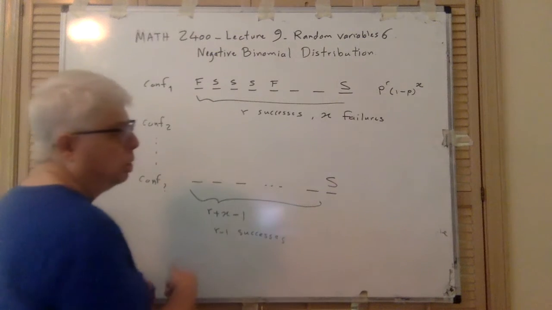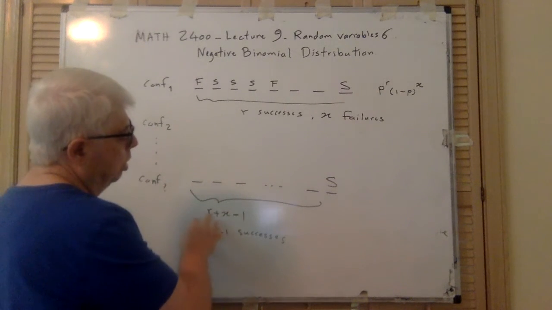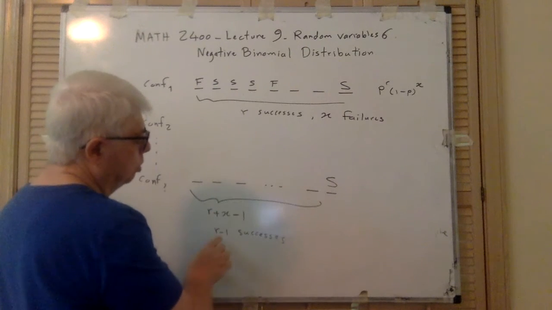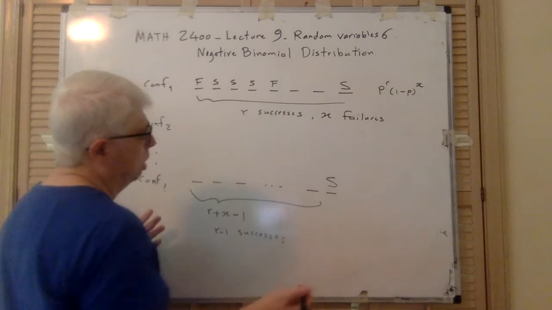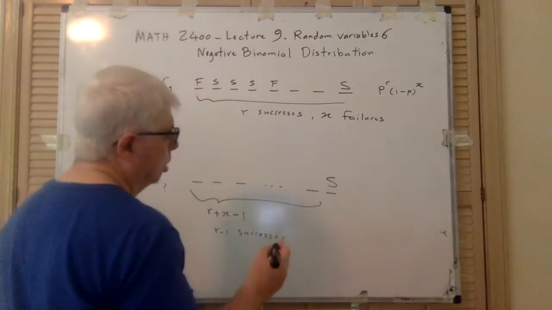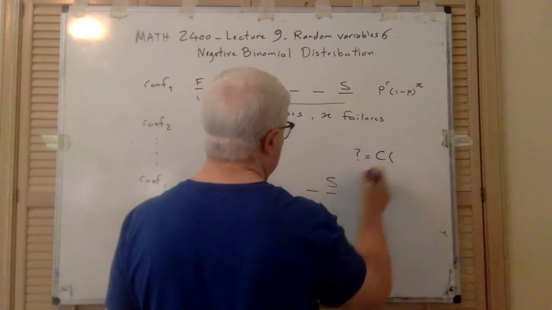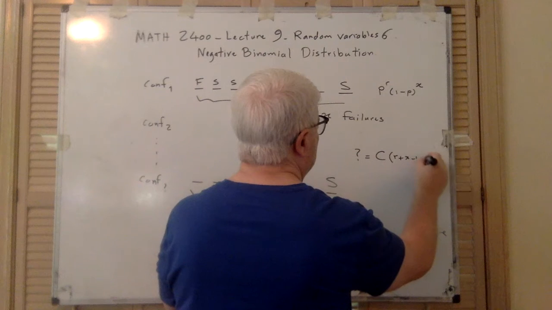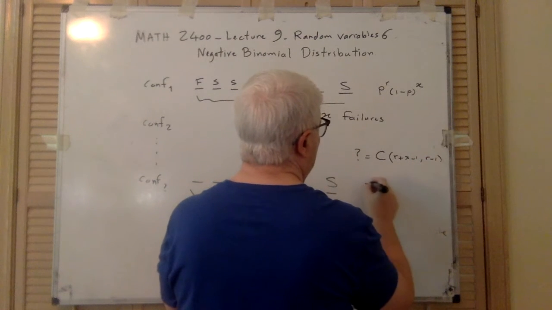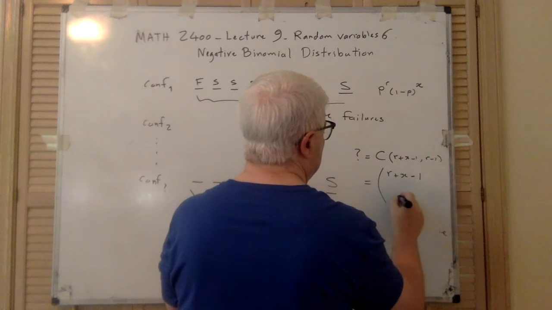So I want to see in how many ways I can put R minus 1 balls in these R plus X minus 1 holes, right? We have done this a lot. So that question mark is in fact the combination C of R plus X minus 1 and R minus 1, or as we have written this in this form.